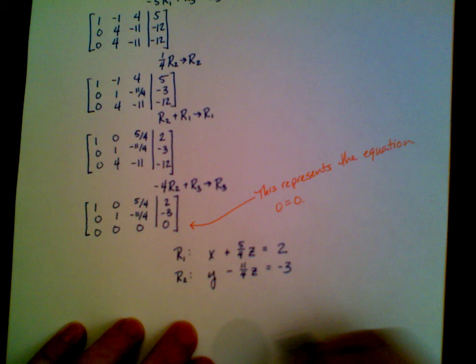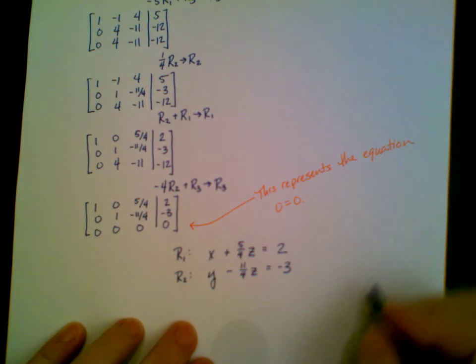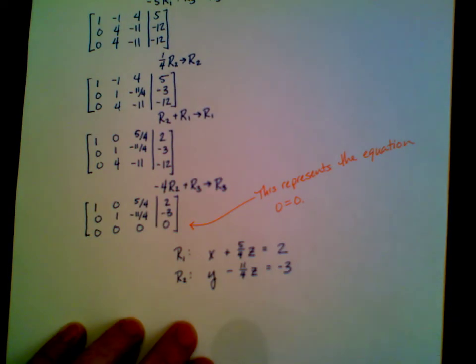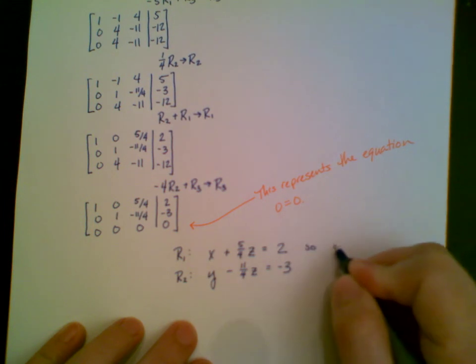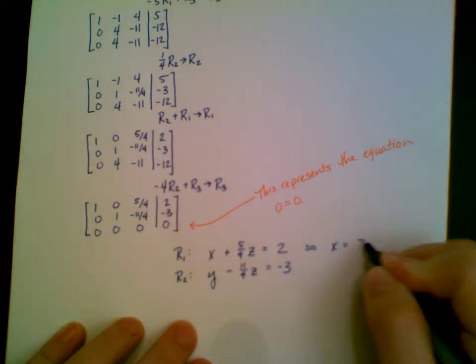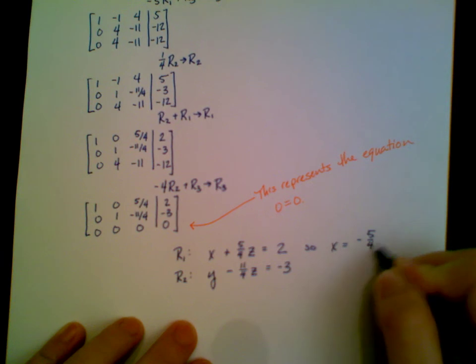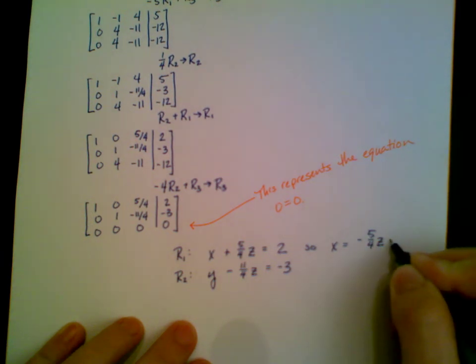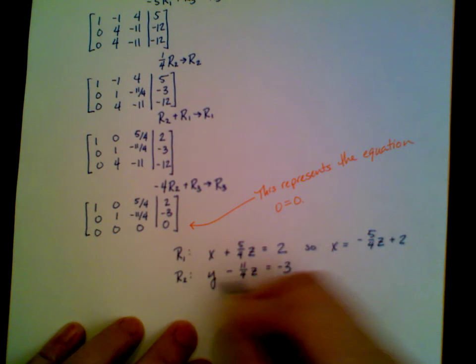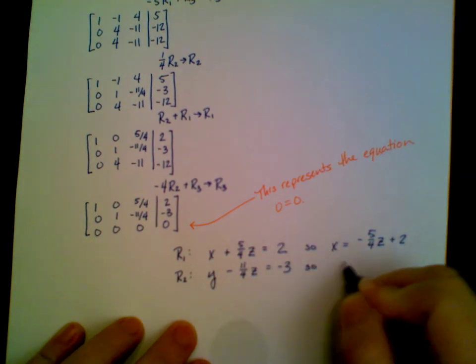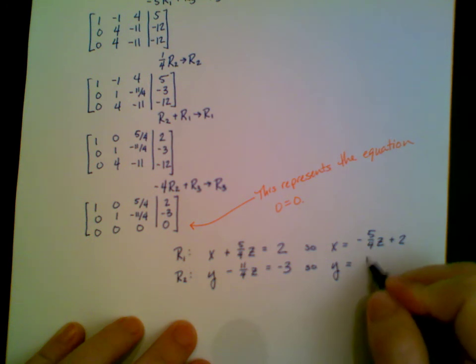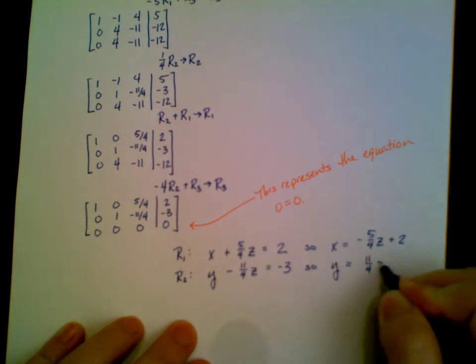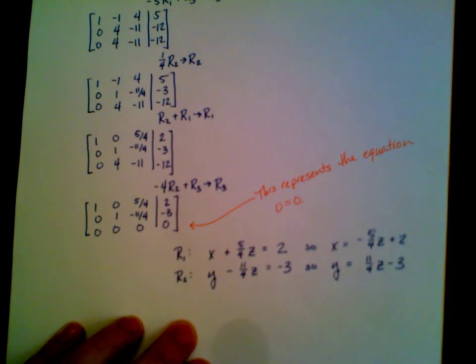Now it's easy to rearrange these and get, because of this one, x is equal to -5/4 z plus 2. And because of this one, I can rearrange that, so y is equal to +11/4 z minus 3.